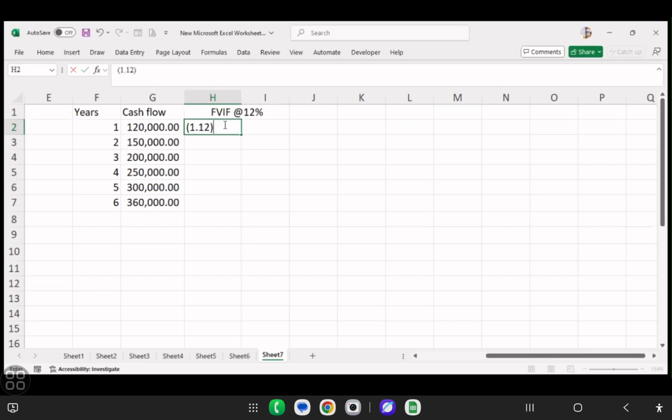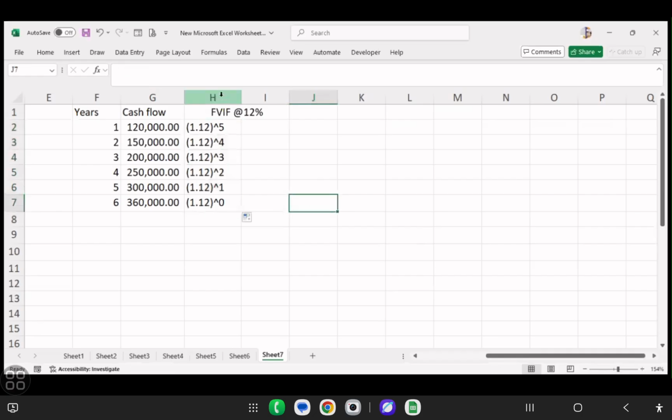I'll give it power because at the end of year 1, we are left with 5 years. For 5 years, we will invest it for 5 years. This one, I will give it power 4 years, like that. We go reducing the years to the end. Let me make it that way.